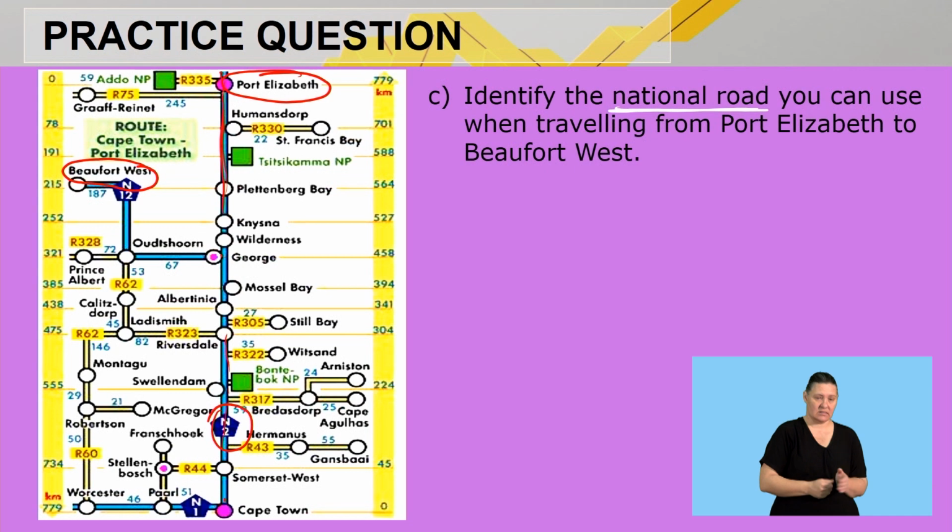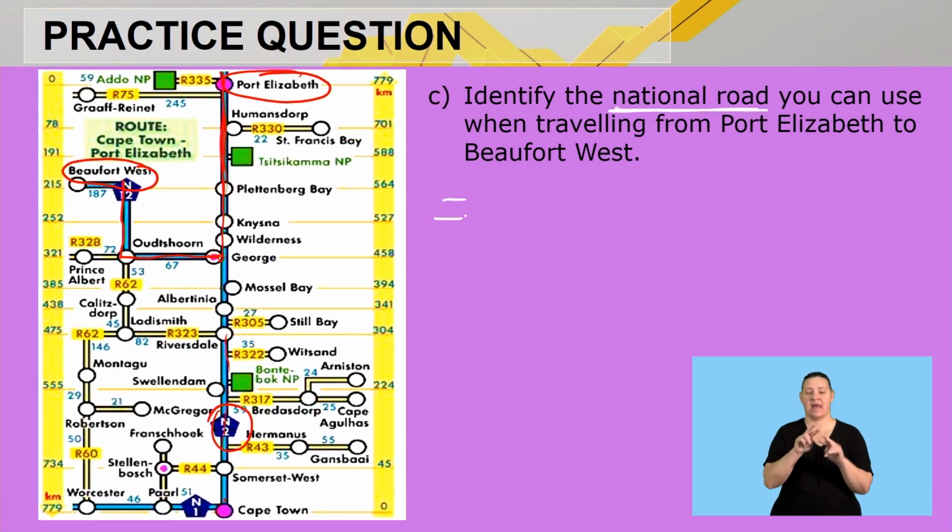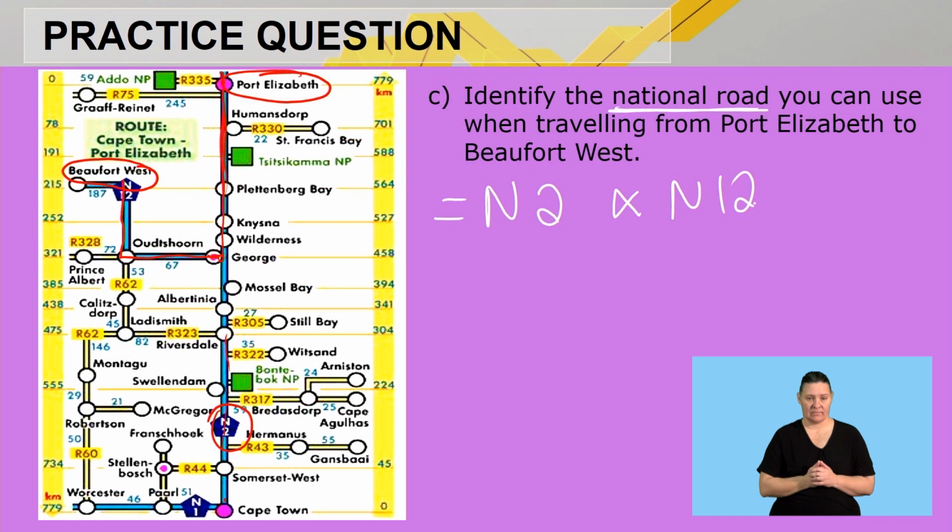Moving from Port Elizabeth, we are going to off-ramp towards R328, which is a regional road, then we go up and take N12. So it means we are going to be using 2 national roads, N2 as well as N12, because we are only identifying the national roads that this person will be using.